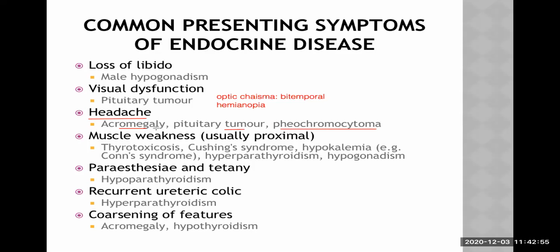Acromegaly is also associated with hypertension, and that hypertension also can lead to headache. Many other types of pituitary tumors are there, but this is a generalized topic. By causing raised intracranial pressure, they can lead to headache. And pheochromocytoma leads to hypertension, and that hypertension is causing headache. So there are multiple reasons.